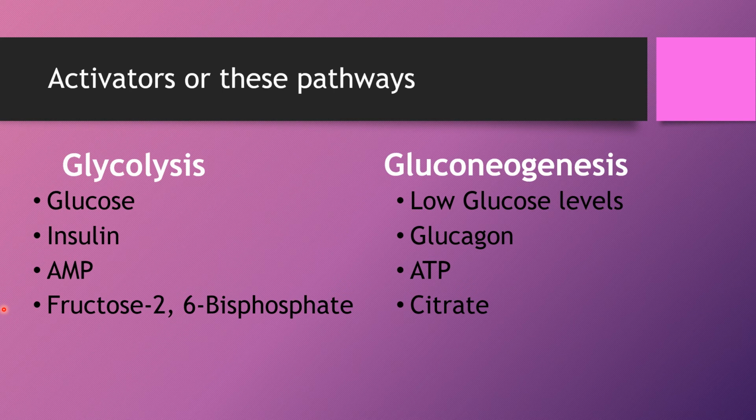Insulin is a hormone produced by the beta cells in your pancreas that helps glucose enter cells and controls the amount of sugar in your blood, working with glycolysis to make pyruvate. So they kind of go hand in hand, glucose and insulin. AMP is ATP in the singular form.